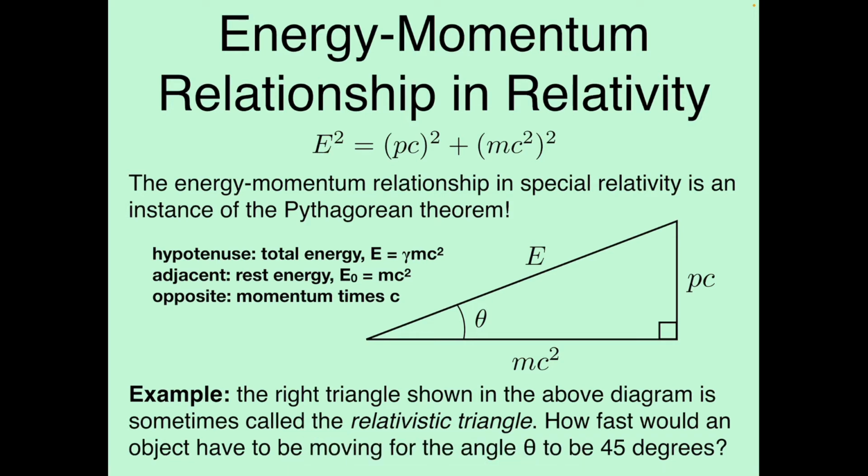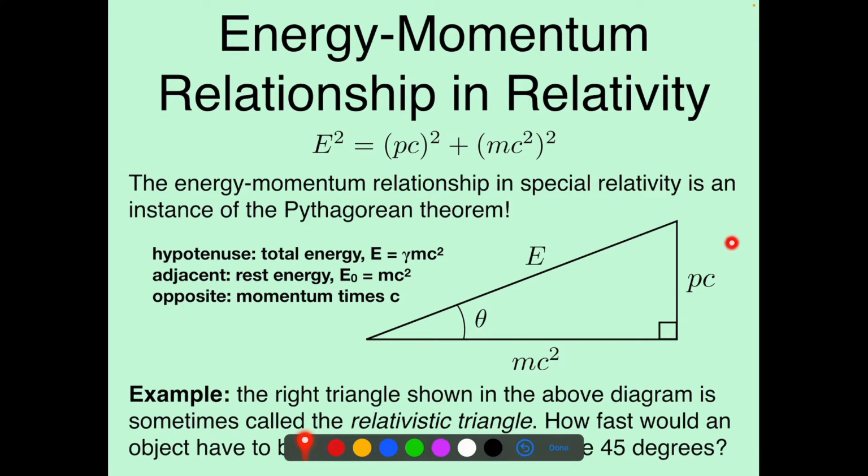This has the form of the Pythagorean theorem, right? The Pythagorean theorem says if you have a right triangle, A squared plus B squared equals C squared. This has the same exact form as the Pythagorean theorem, except instead of lengths, we're talking about amounts of energy. And so we can take this equation and interpret it geometrically.